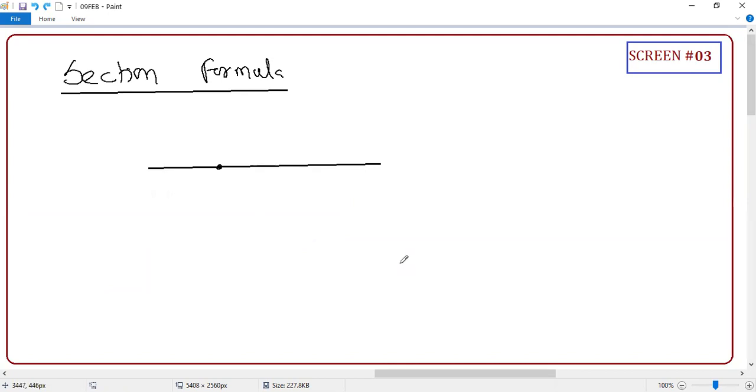So this section formula is going to give you a beautiful result: a point which divides the line segment AB in a particular ratio. What is the ratio? M is to N. For example, a 10 centimeter line.